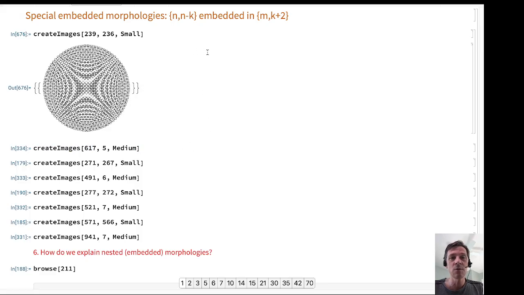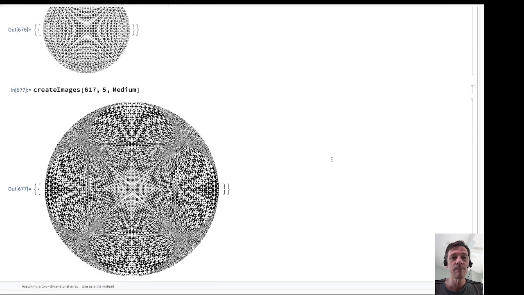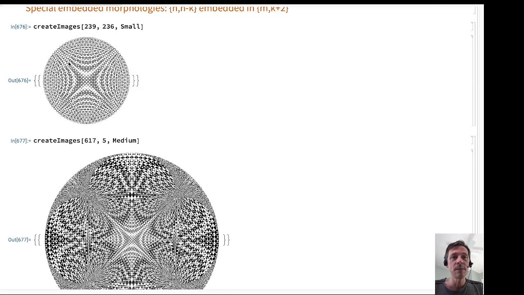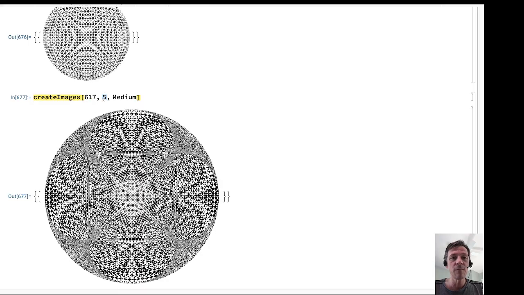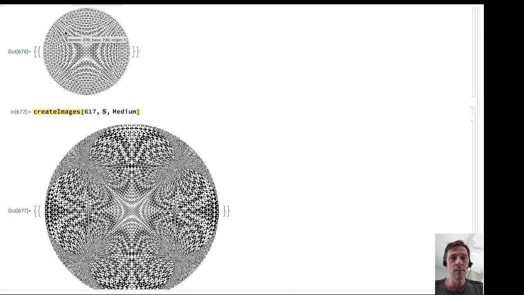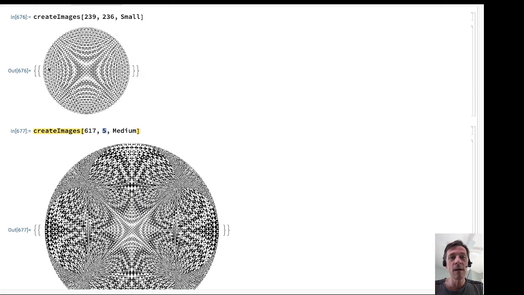Let me just show you these two images side by side. This is n comma n minus 3. This is n comma 5. In base 5 we're going to have 4 nodes, and the thing that appears in the middle here is an n comma n minus 3 type of embedded four-pointed star.